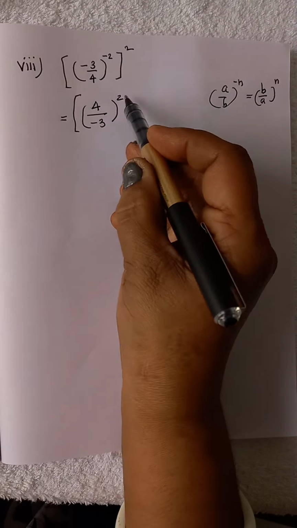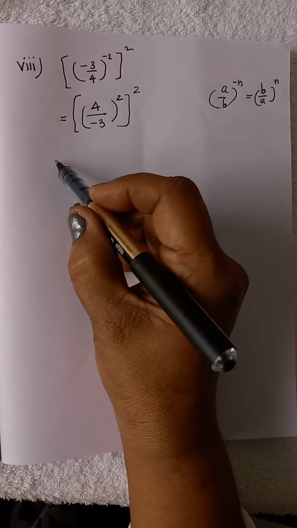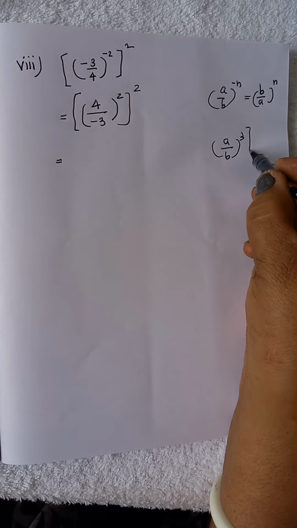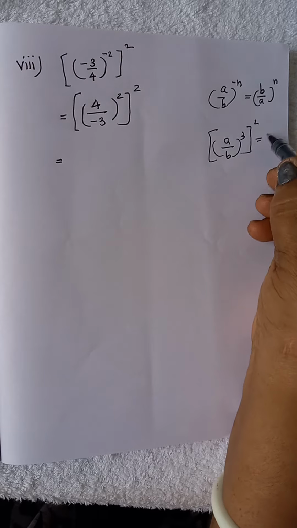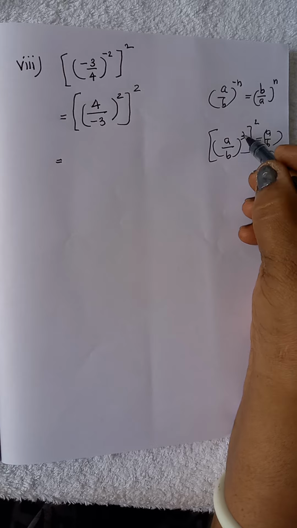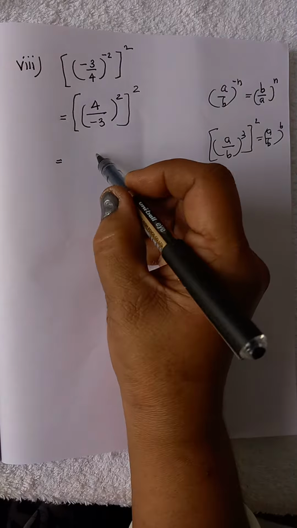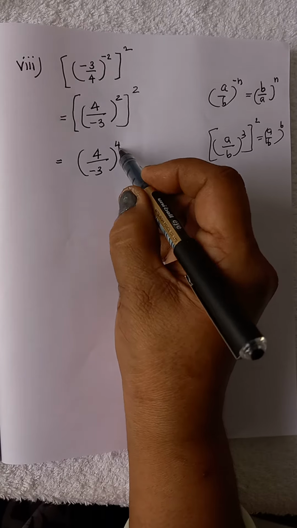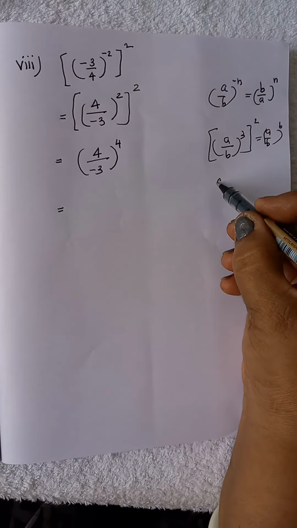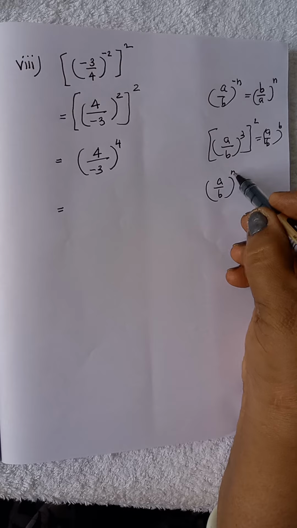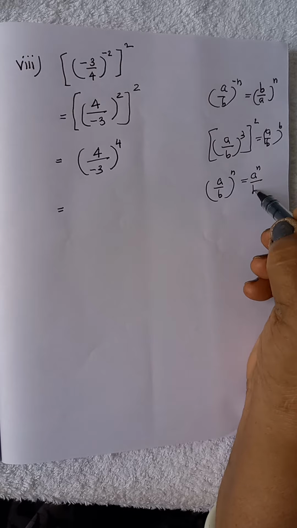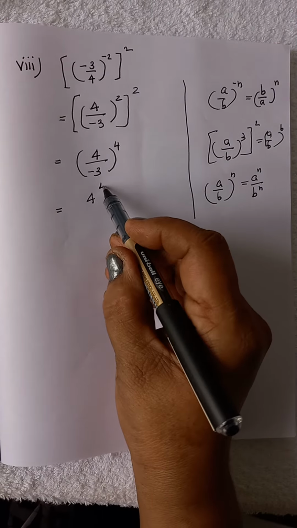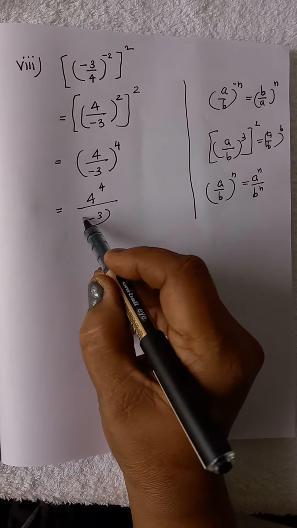Now whole raised to 2, that is equal to, now (a by b) raised to 3 whole raised to 2 is equal to (a by b) raised to 3 into 2, 6. So like that here, (4 by minus 3) raised to 2 into 2, 4. That is equal to, now again quotient law, (a by b) raised to n is equal to a raised to n by b raised to n. Applying that, we can write this as 4 raised to 4 by minus 3 raised to 4.